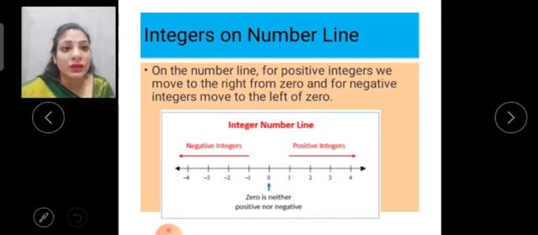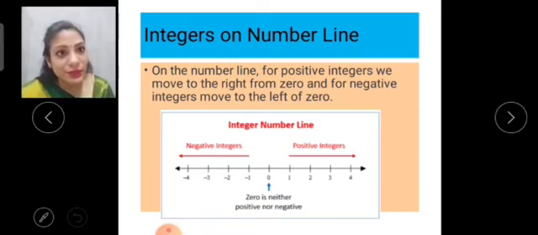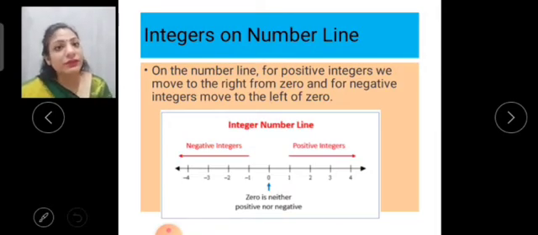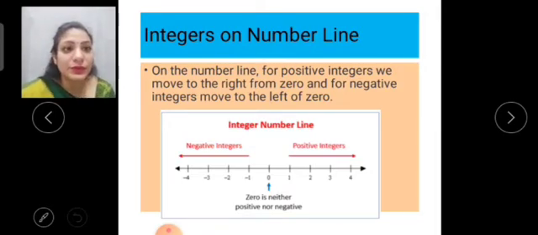So, here a number line is given to us. So, we will learn about integers on the number line. On the number line, for positive integers, we move to the right from 0, and for negative integers, we have to move left from the 0.